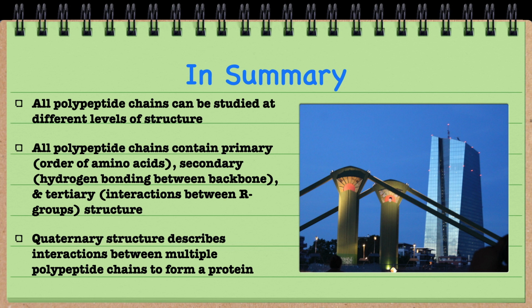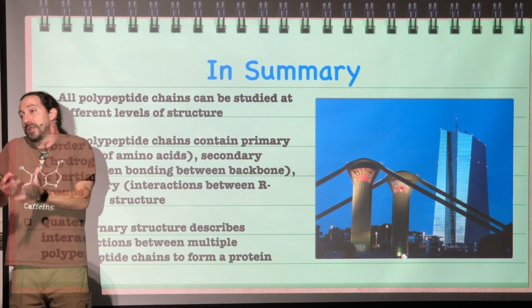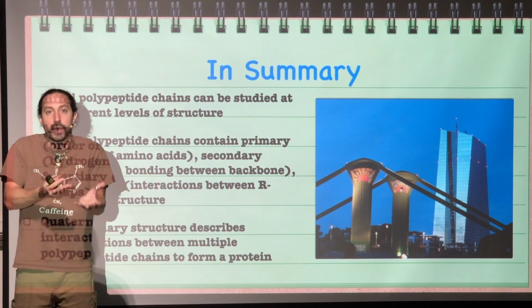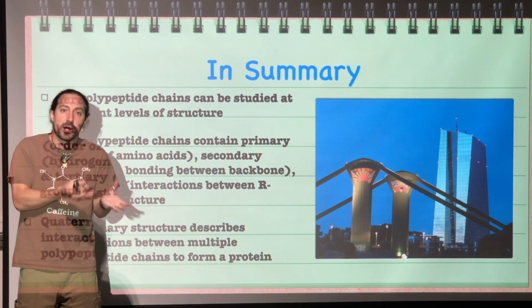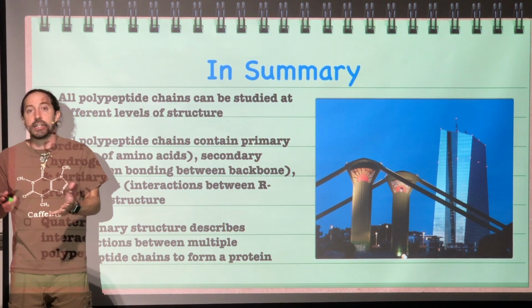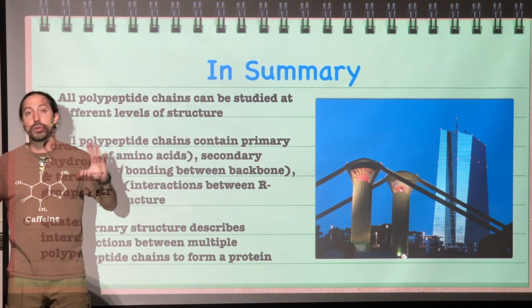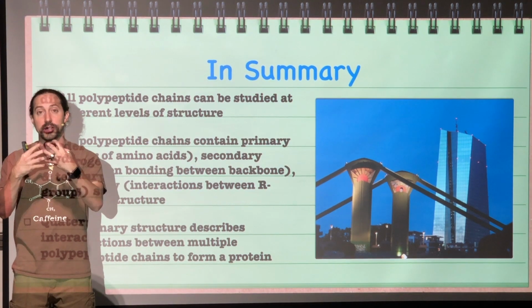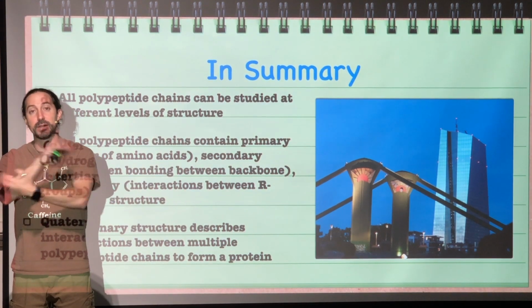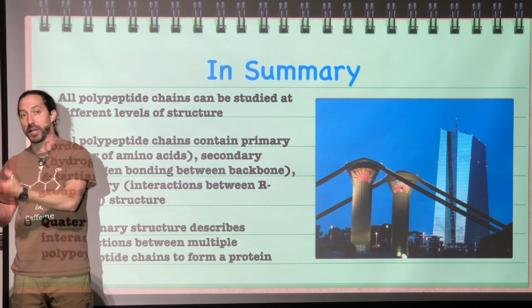So in summary of all of that, straightforward, we got all polypeptide chains. They can be studied at those different levels. Sometimes a scientist is going to be just wanting to study what different alpha helices or what different beta sheets are present. Sometimes a scientist is going to want to see how do those alpha helices and beta pleated sheets interact with each other, thus forming the specific shape of that polypeptide chain.